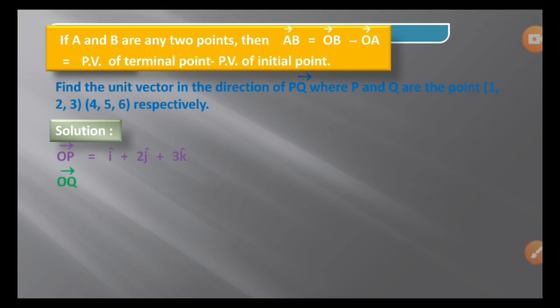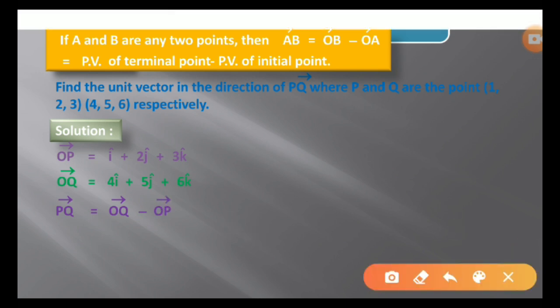Then the position vector of the point Q will be OQ vector, that is 4i plus 5j plus 6k. Now the vector PQ will be equal to OQ minus OP. Already we have noted that it is position vector of terminal point minus position vector of initial point.